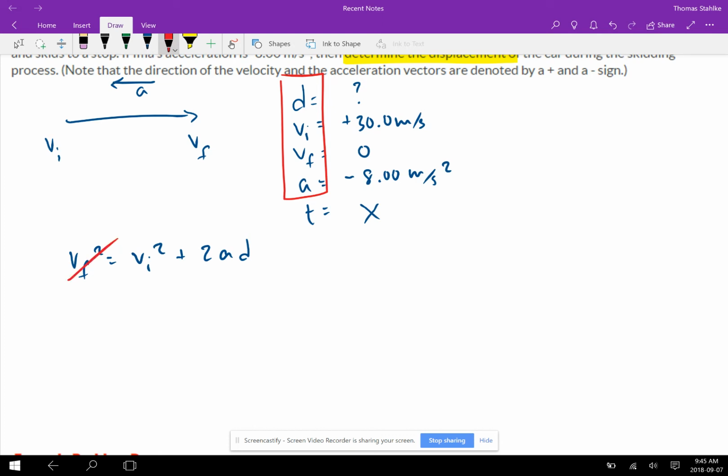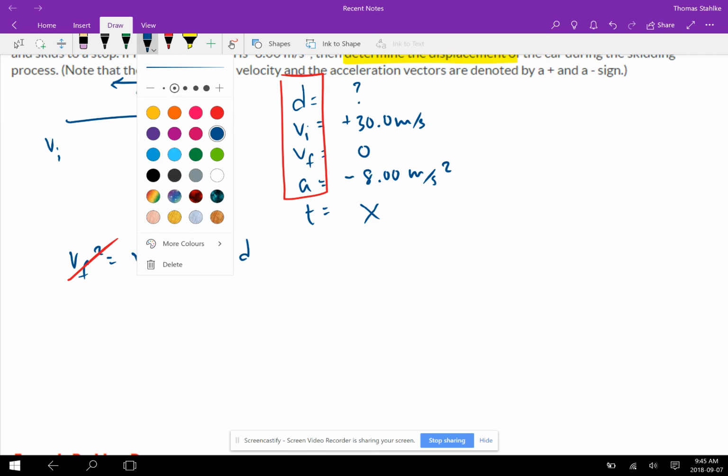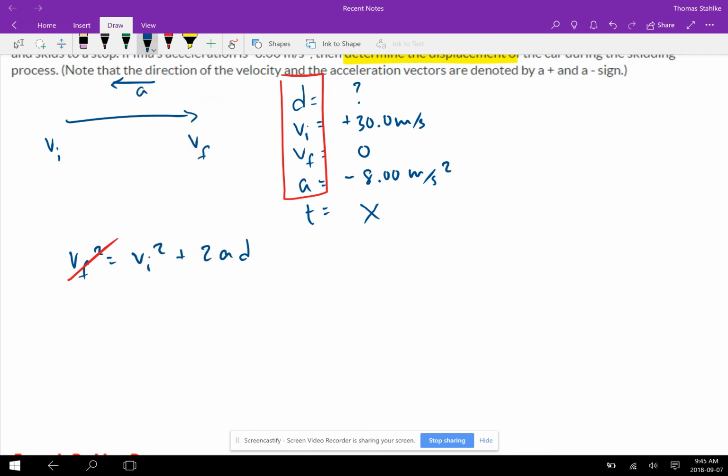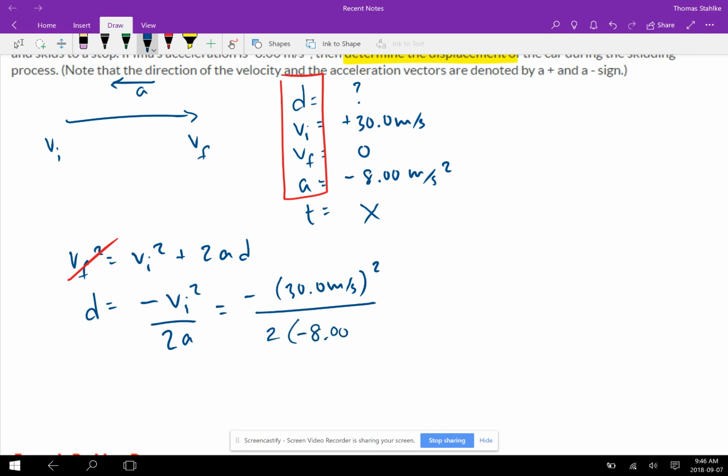So when we solve for displacement, we will isolate d, move the vi squared to the other side, and then divide by 2a since it was multiplied by displacement. So let's go ahead and put the initial velocity of 30 meters per second, squared, and divide that by 2 times the acceleration.